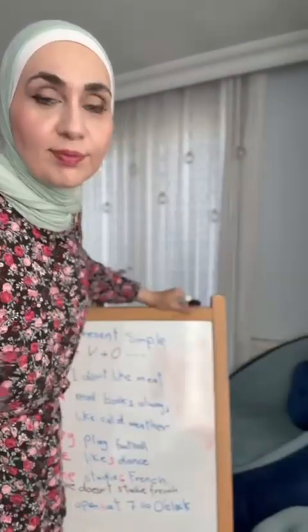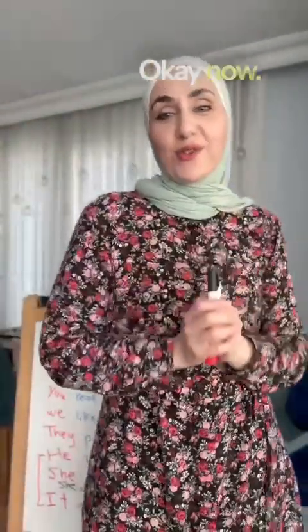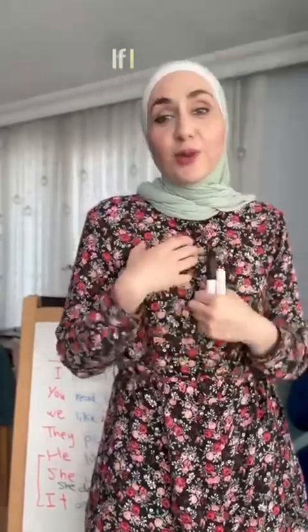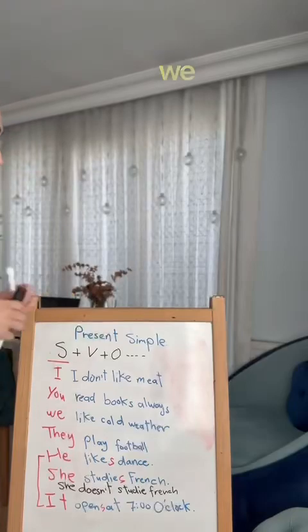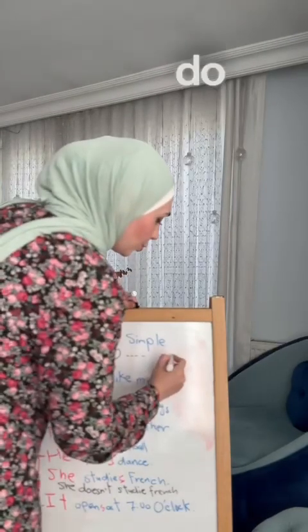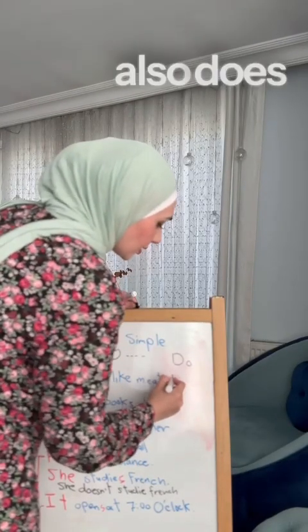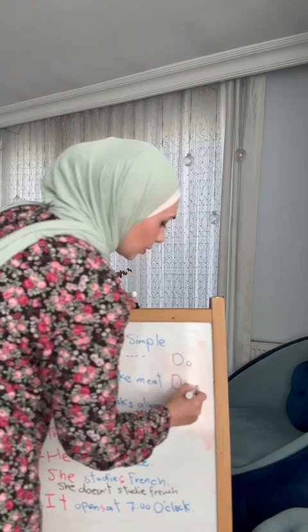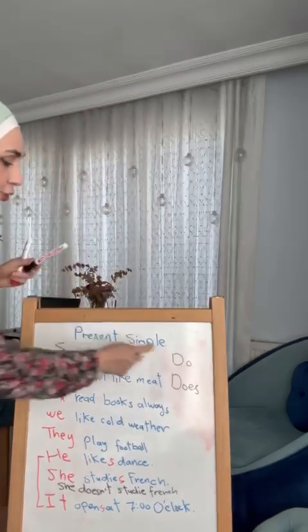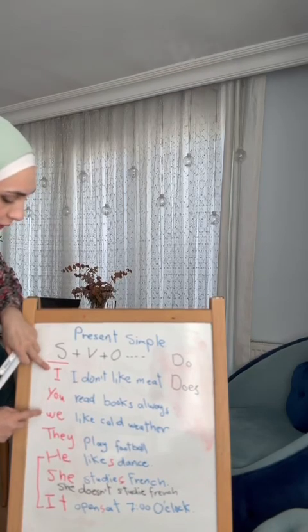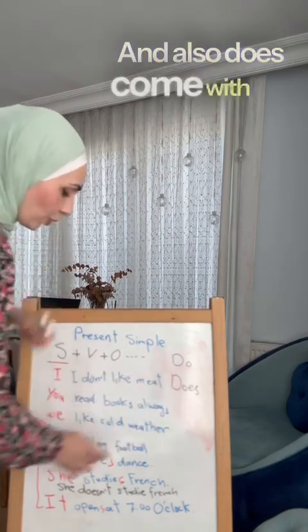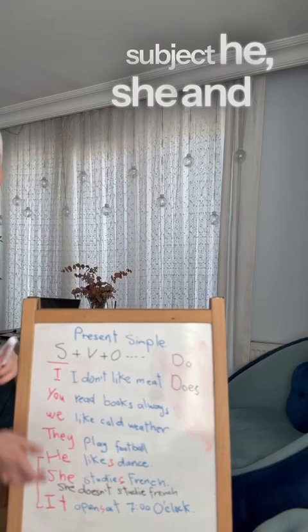Okay, now, if I want to ask you a question in simple present tense, we use do and also does. For the question, do comes with the subjects I, you, we, they, and does comes with the subjects he, she, and it.